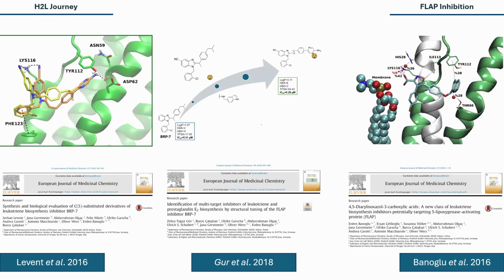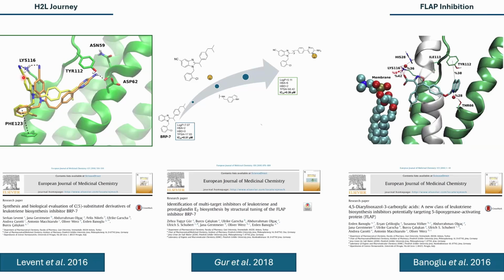And let's start to talk about our hit-to-lead journey. The first target will be FLAP. On the left-hand side, you see the benzimidazole derivative and its binding to the FLAP protein. As you can see here, we have a lysine amino acid, which is quaternary charged and positive at physiological pH. So if we can put here an acidic functional group, that supported the activity results.